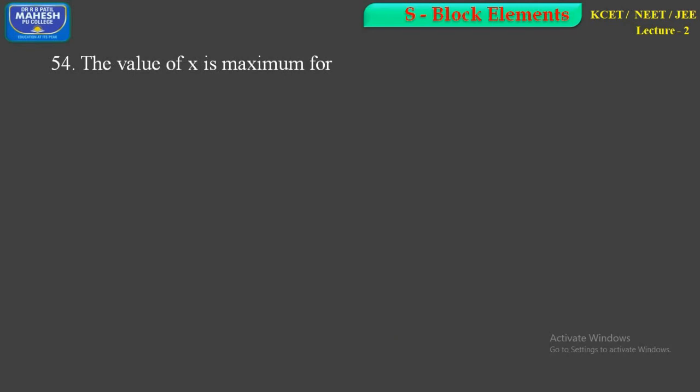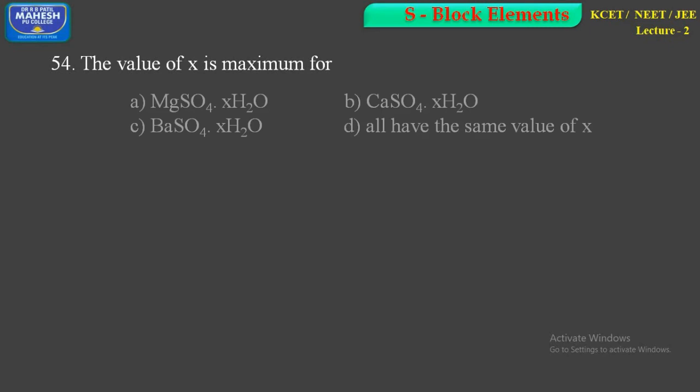Question 54. The value of x is maximum for option A, magnesium sulfate, x moles of water. Option B, calcium sulfate, x moles of water. Option C, barium sulfate, x moles of water. And option D, all have the same value of x.